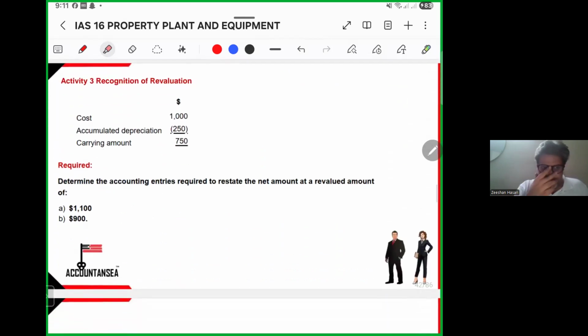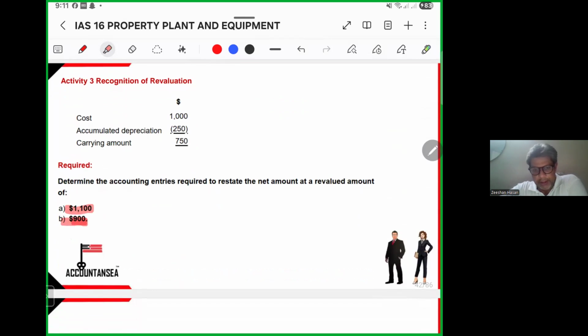So let's do the example on it. The asset cost 1000, accumulated depreciation 250, carrying amount 750. Determine the accounting entries required to restate the net amount at a revalued amount of (a) 1100 and (b) 900.